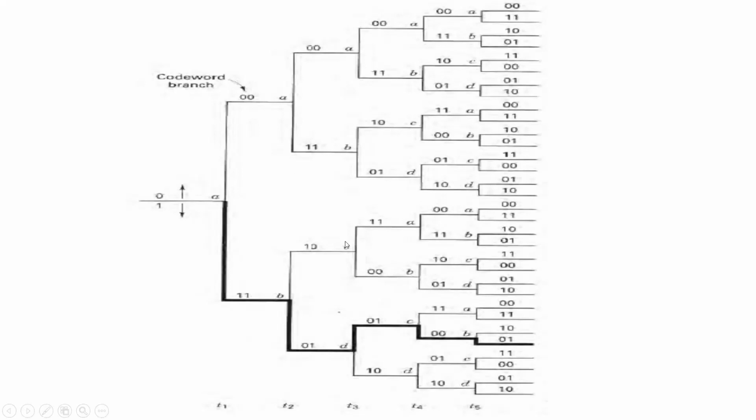Whatever is the constraint length of the encoder. Here in this example, the constraint length is 3. So after 3 intervals, what you find is that this tree structure A, B, C, D repeats: the upper portion of the tree and the lower portion of the tree represent the same structure.